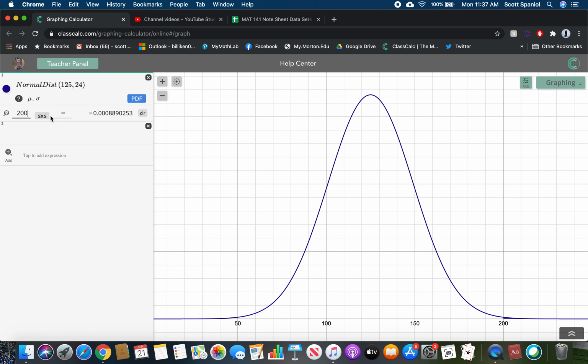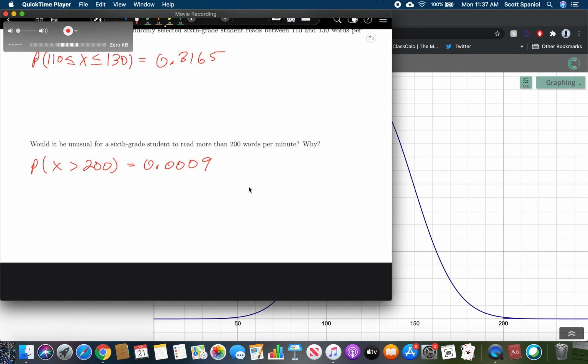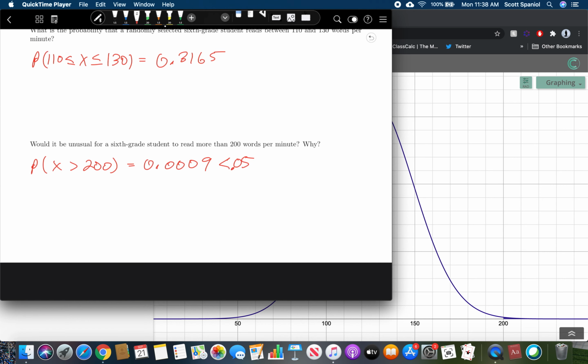And so we get 0.0009 if we round to 4 decimal places. So the question is, is that less than 5%, 0.05? And the answer to that is yes, that's true. So it is unusual. Okay. And so that's the idea of how you can use normal CDF to find probabilities on any normal curve, not just the standard one.